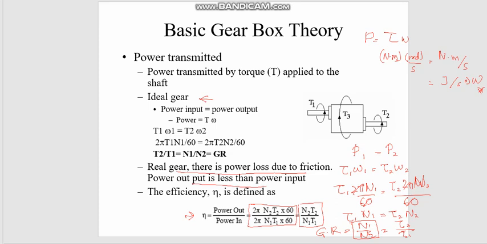So there'll be some inefficiency in the system, and you can calculate the efficiency of the system by using these particular equations: n2 times tau 2 divided by n1 times tau 1. So again, n2 is the rotational speed of the shaft, and tau or T is the torque of the shaft.